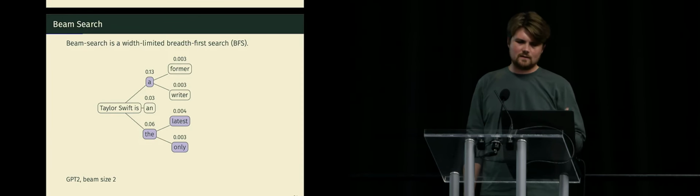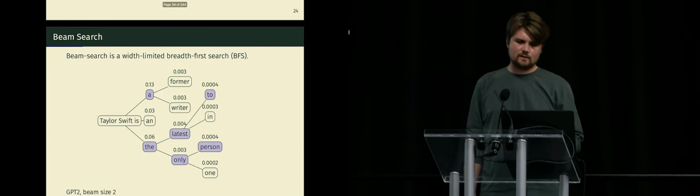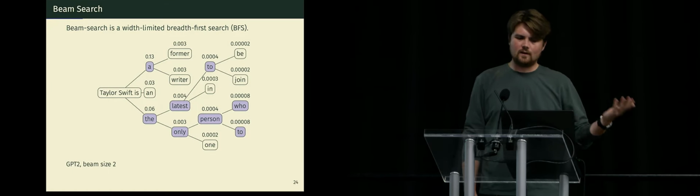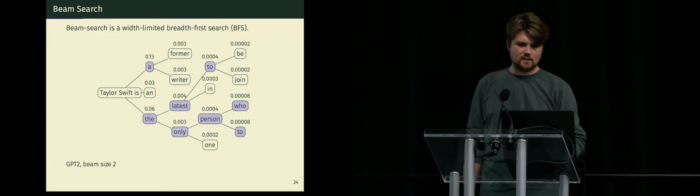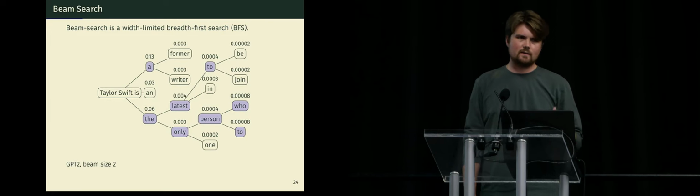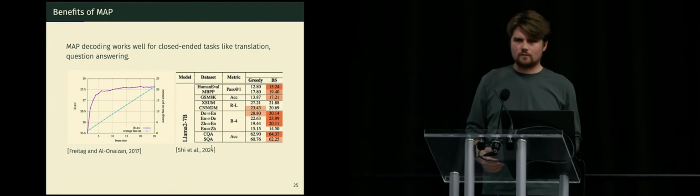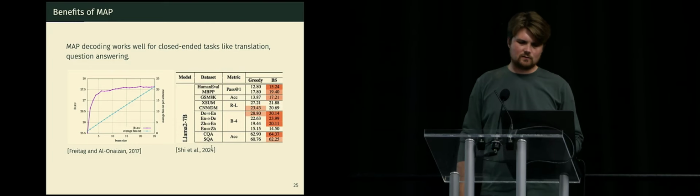You expand both of them and then take the two most likely continuations, which actually both come from the same branch, and you continue on until you have generated a sequence, and basically the bigger your beam size, the more likely you are to get the most likely sequence out of this.